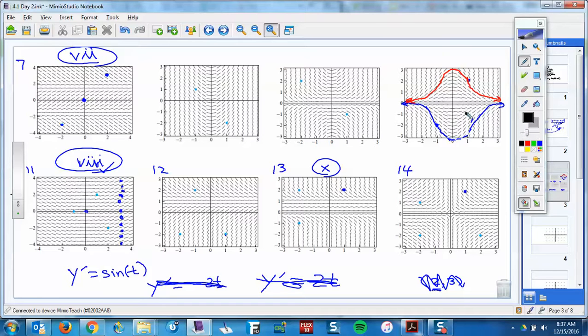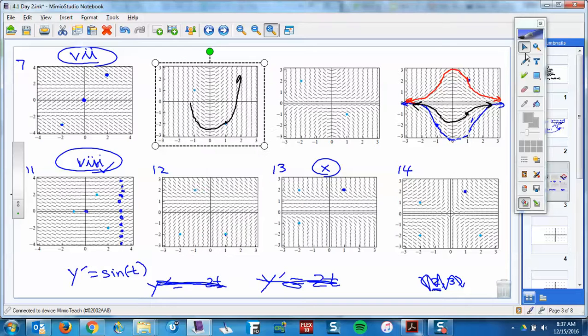If I was on this initial condition, it would follow and come in here like so, then come down here like that, and then do something like that. So if I give you an initial condition, be able to draw in reasonably well the solution curve and follow those points like that.